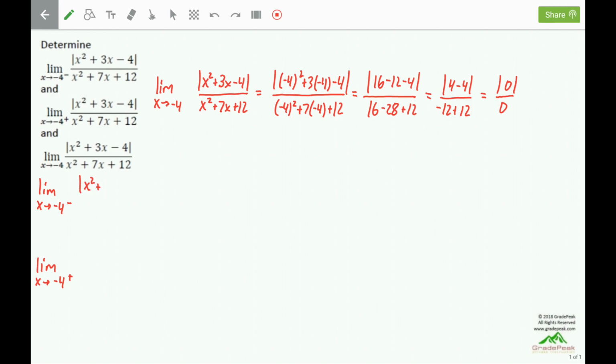Of that same expression, the absolute value of x squared plus 3x minus 4 over x squared plus 7x plus 12, and the same thing on each of these one-sided limits.